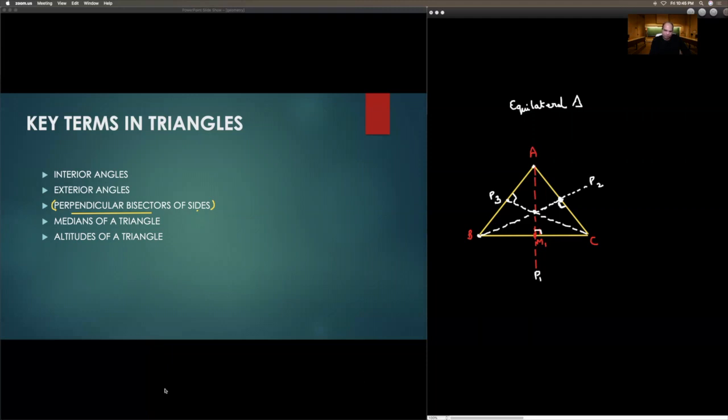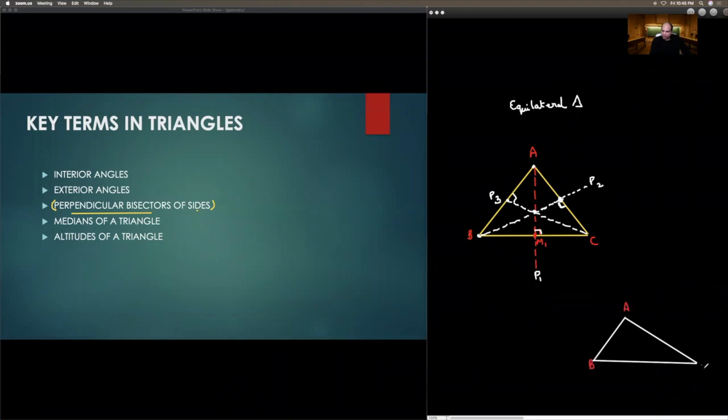But if you have, let's say, a normal triangle, which is not equilateral, let's say we talk about a scalene triangle, like this, or let me make it even slightly more dramatic in terms of its drawing. So in this case, let's say my triangle is ABC.